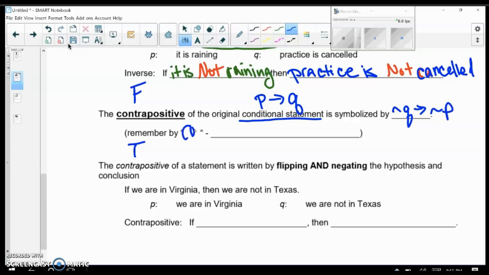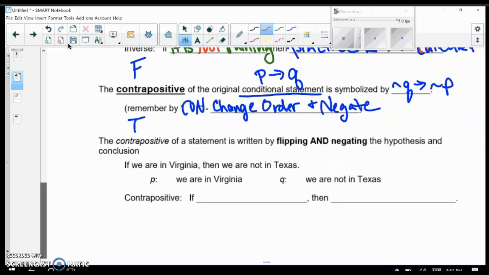So we would say, if not Q, then not P. And you remember it by the con and contrapositive. So you change the order and you negate it. Change order and you negate. Not too bad.